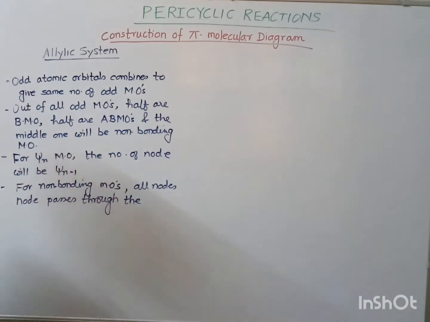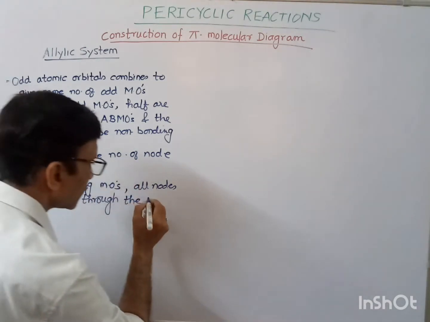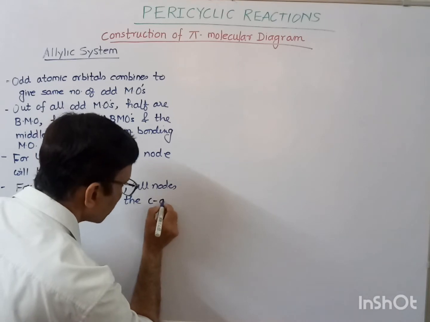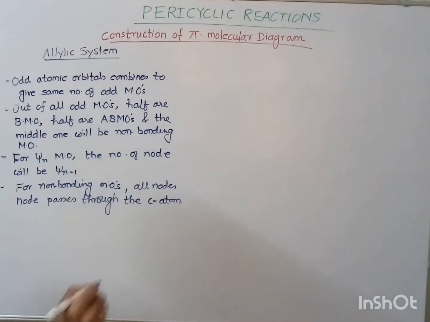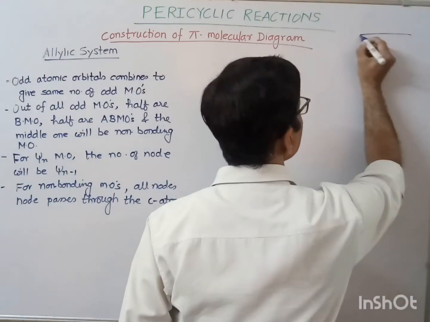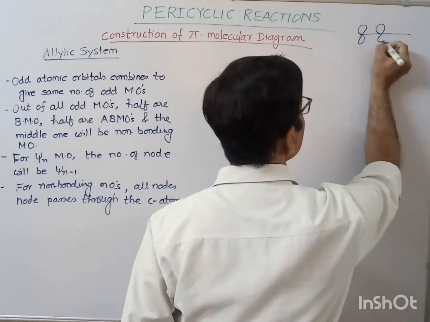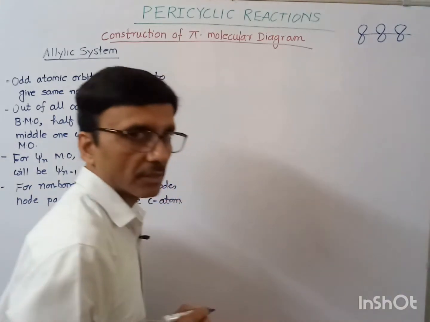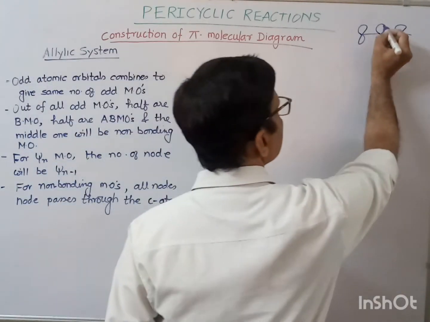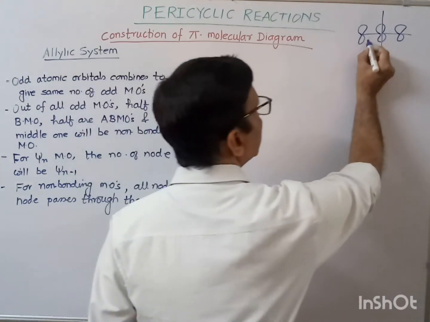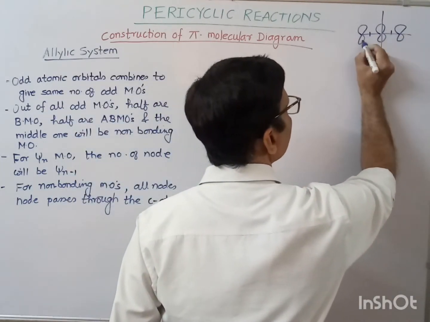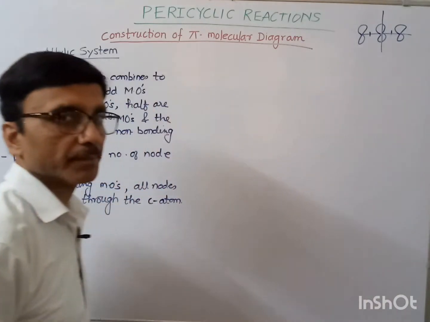carbon atom, or you can say they pass through the orbital, through the carbon atom. That is, suppose these are the 3 carbon atoms containing the orbital, okay, then this is the node which passes through the carbon atom, and these 2 are the nodes which pass in between the carbon atoms.